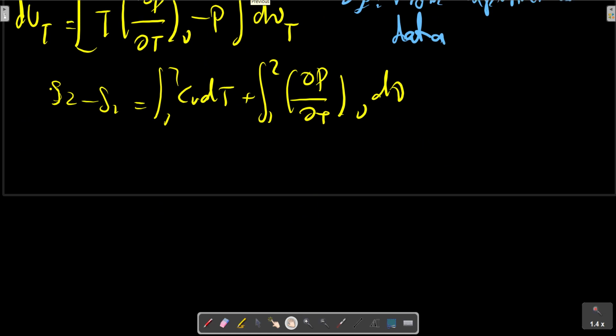And the enthalpy is then calculated from its definition.